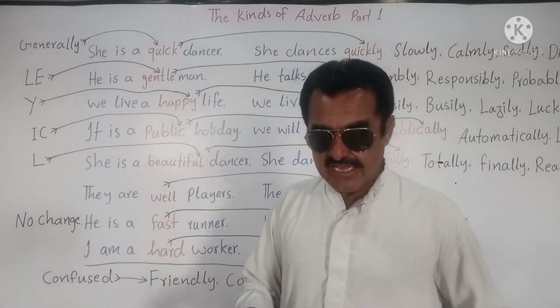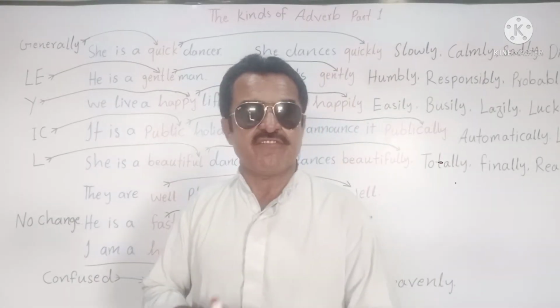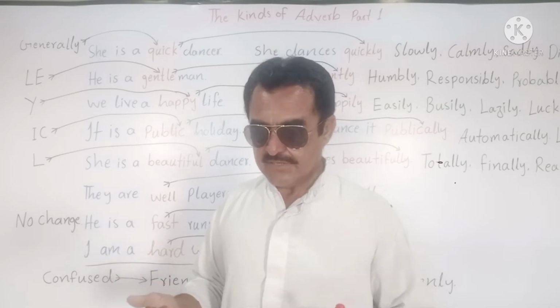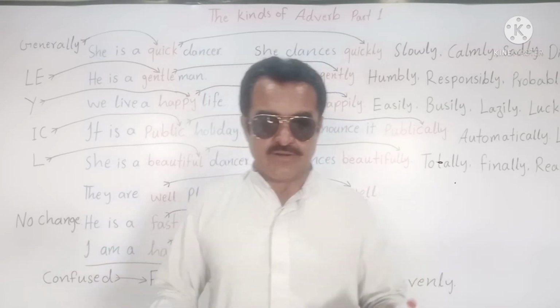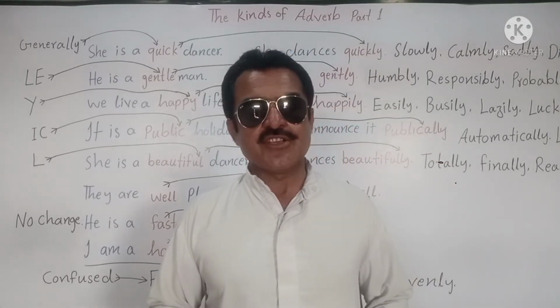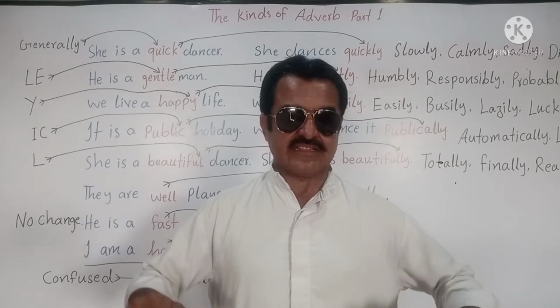Well, actually, we say it whenever someone has been very sick and after a long sickness he has recovered. If we ask him how are you, he says I am well, means I am healthy, I'm okay.